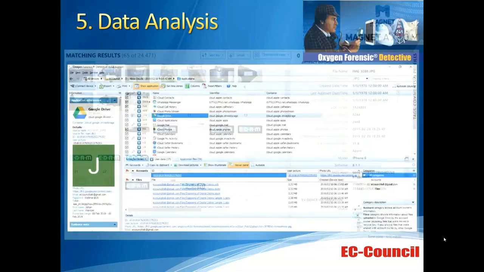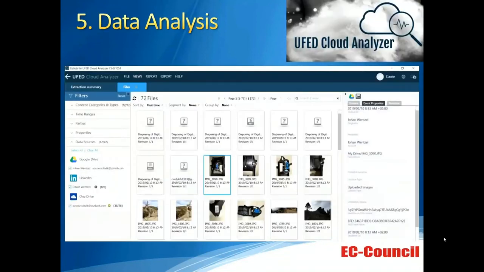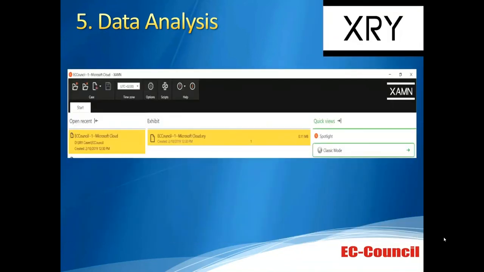The data analysis phase for Oxygen Forensic Detective correctly captured files in relation to hashes, dates, and times. UFED Cloud Analyzer also correctly captured files in relation to hashes, dates, and times. XRY did not capture any data as previously mentioned.